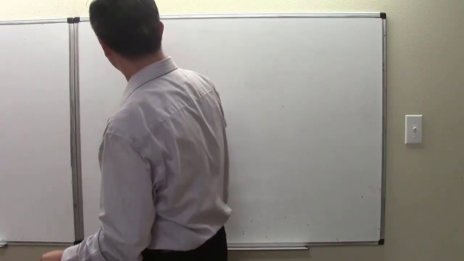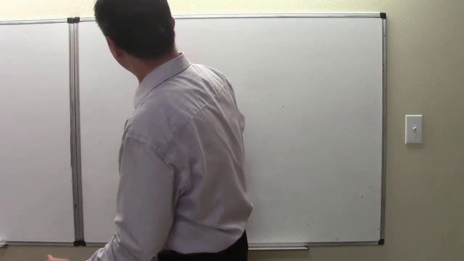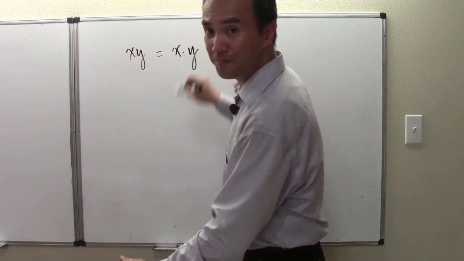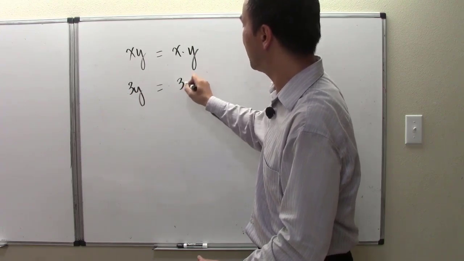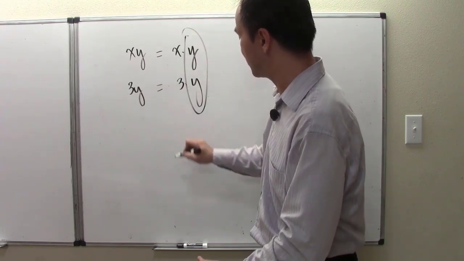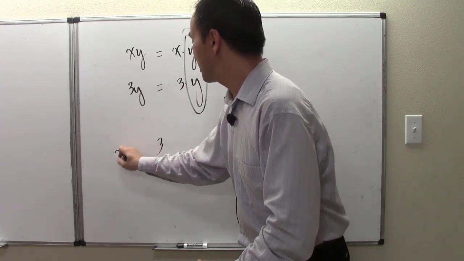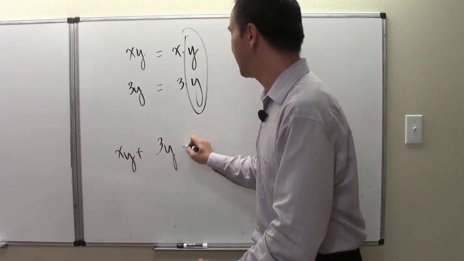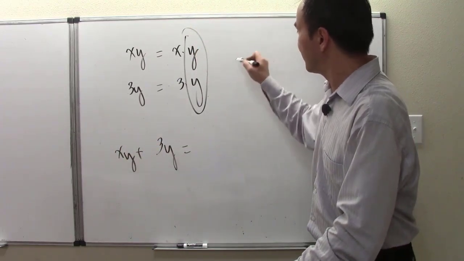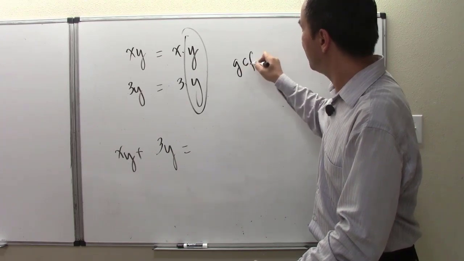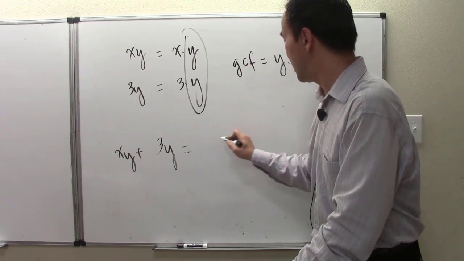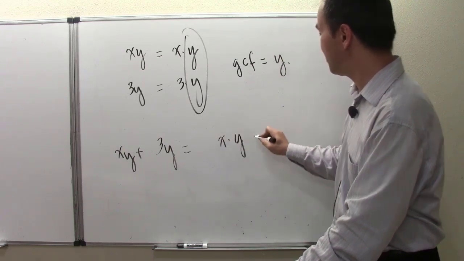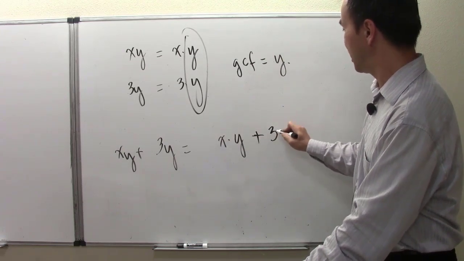For example, you can think of xy as x times y, and 3y as 3 times y. So the common factor is y. So xy plus 3 times y, the GCF is y, and you can see xy is x times y, quite trivial, plus 3 times y.